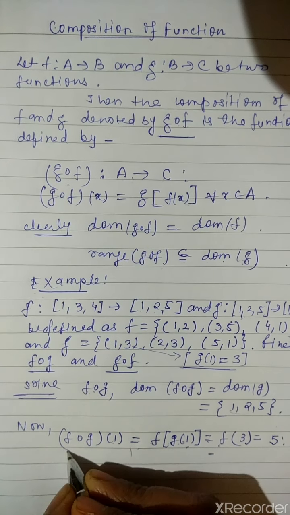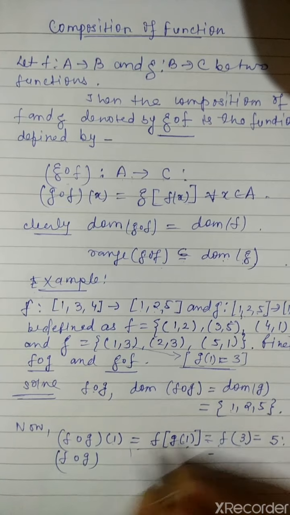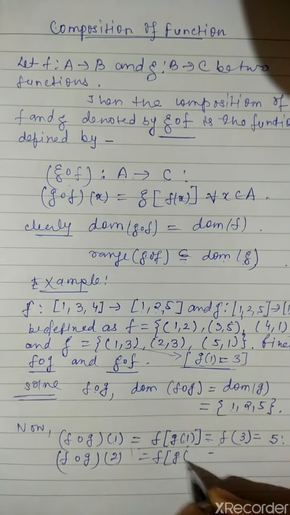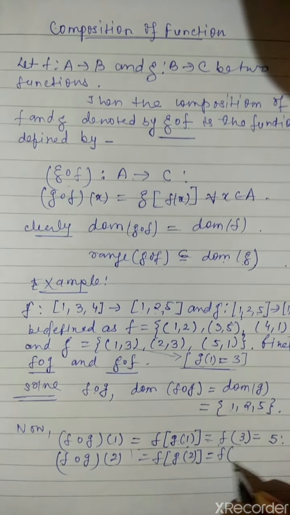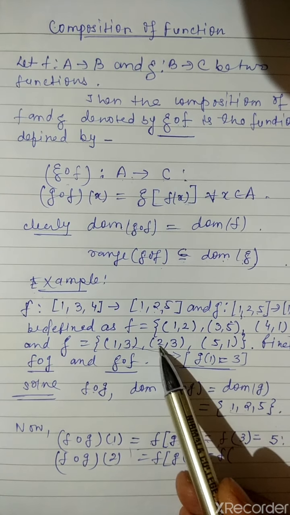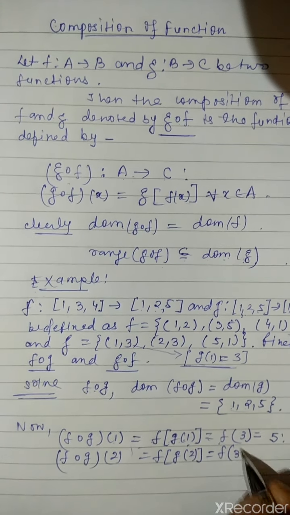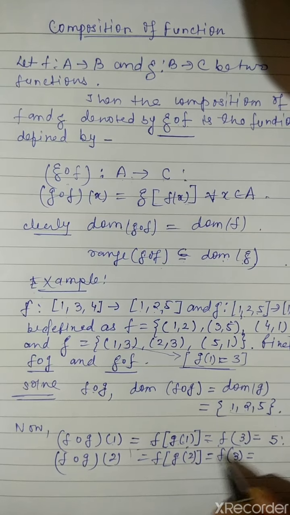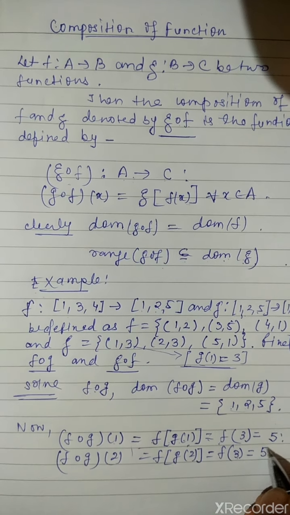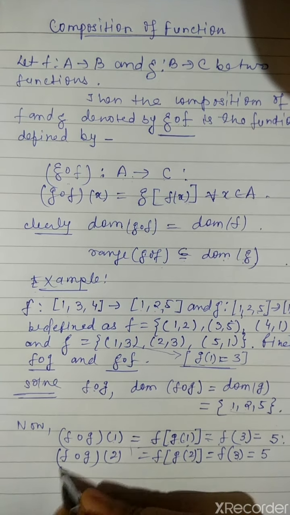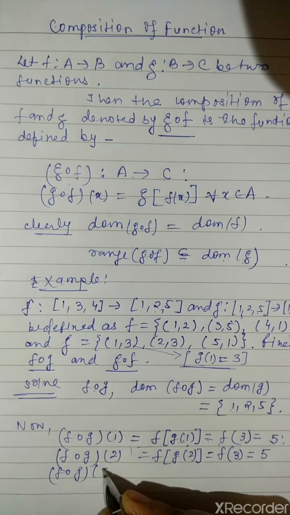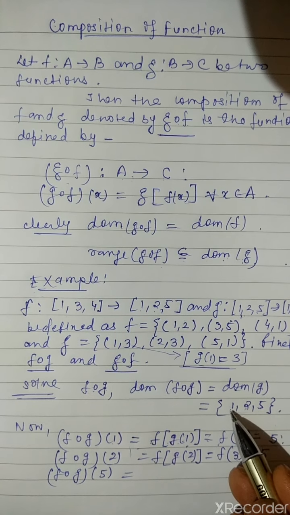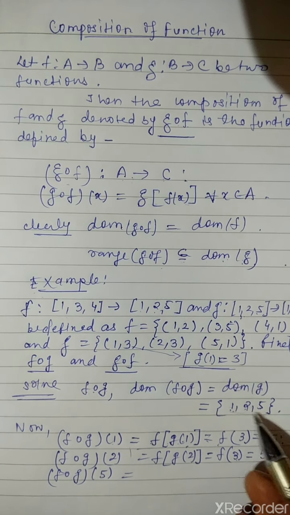Next is F naught G of 2. So this is F of G of 2. G of 2 is 3, so we write 3. Now F of 3 again is 5. So again we get F of 3 equals 5. Next is F naught G of 5. Why 5? Because the domain of G is 1, 2, 5, so we first find for 1, second for 2 and third for 5.